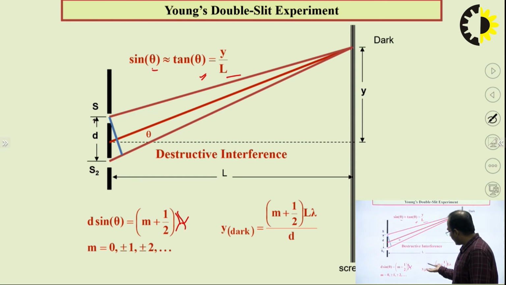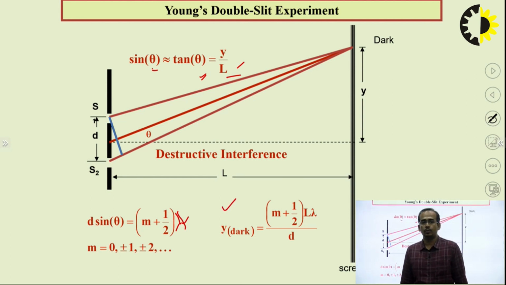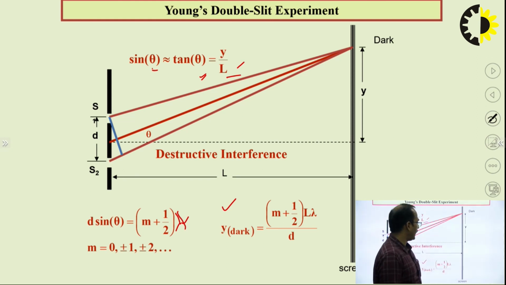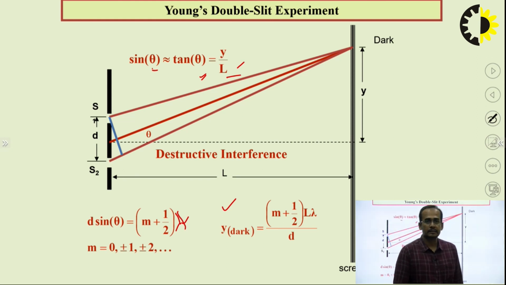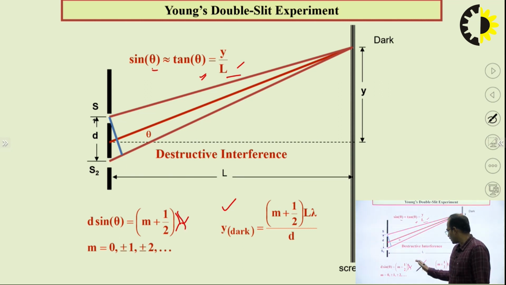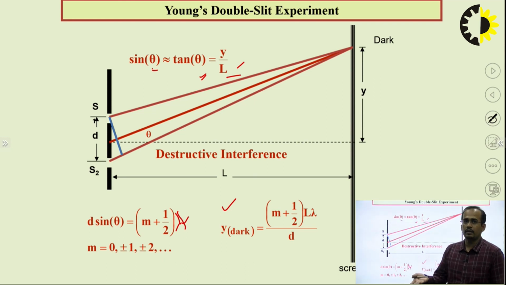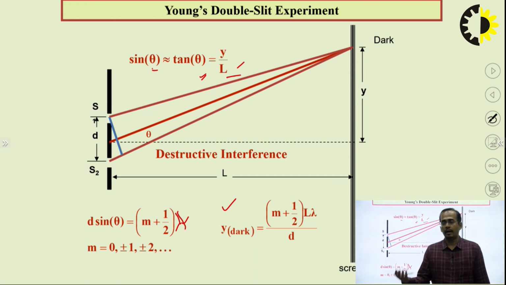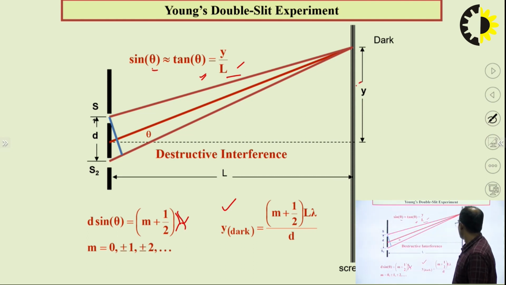What will be the value of y? Putting sin theta is equal to y by L, you will get y dark is equal to m plus 1 by 2 into L lambda by d. This is the distance from the center of the screen where the dark or bright fringes will appear. The values of y dark and y bright give this information.